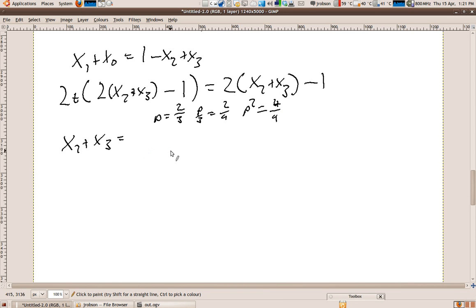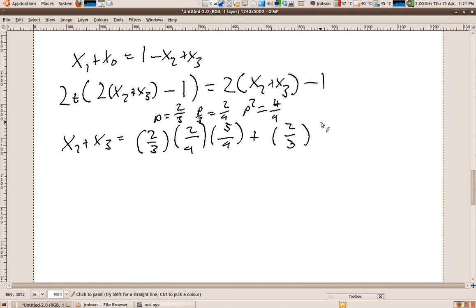Now I'm going to quickly do this, but hopefully you can see what I'm doing. x2 is going to be 2 thirds times 2 over 9 times 1 minus this, which is 5 over 9, plus 2 thirds times 1 minus that, which is 7 over 9, times 4 over 9, plus 1 third, that's 1 minus that, times 2 over 9 times 4 over 9.